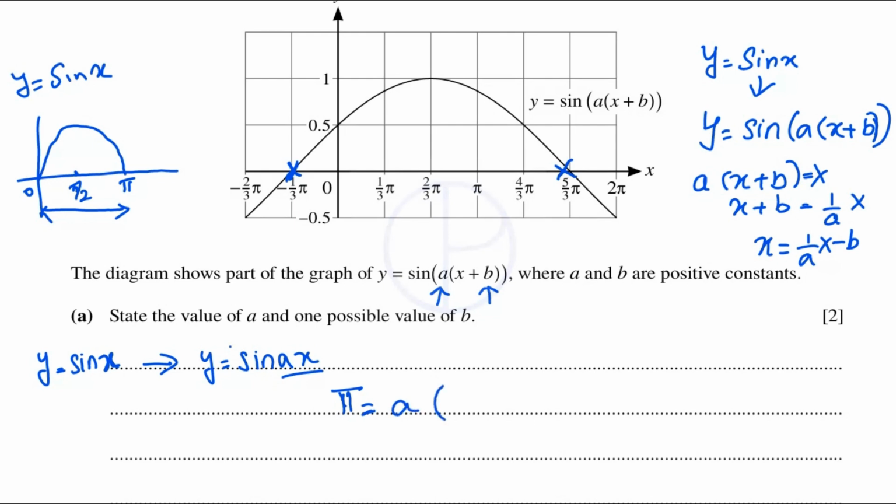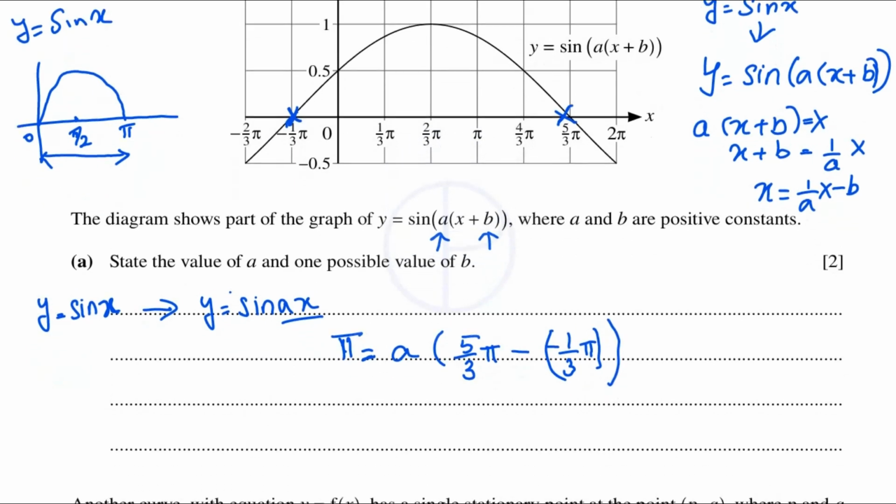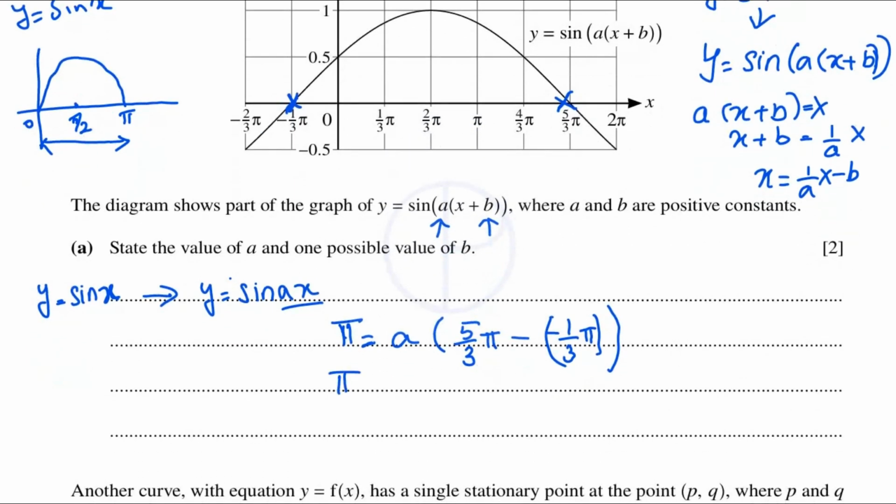So a multiplied by 5 over 3 pi minus of minus 1 over 3 pi, which is equal to 5 over 3 pi plus 1 over 3 pi, which is nothing but 6 pi divided by 3, which is 2 pi.